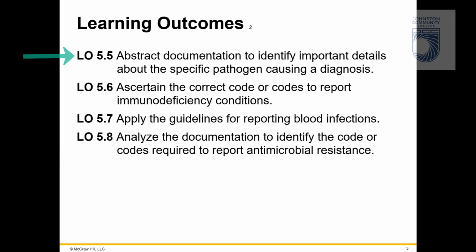We'll abstract documentation to identify important details about the specific pathogen causing a diagnosis. We will ascertain the correct code or codes to report immunodeficiency conditions. We will apply the guidelines for reporting blood infections, and finally we will analyze the documentation to identify the code or codes required to report antimicrobial resistance.